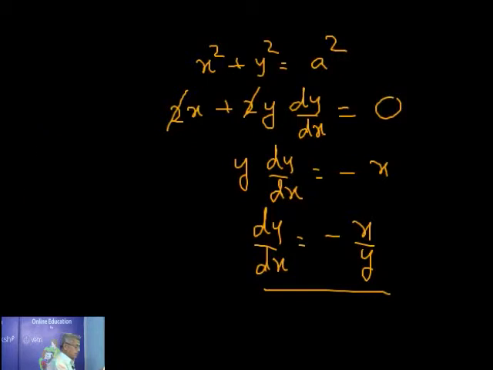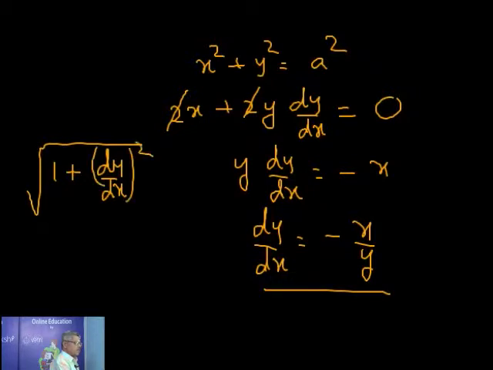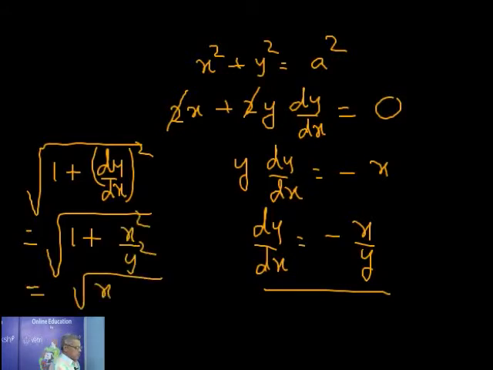We want the simplification of 1 plus (dy by dx) whole square because it is involved in the formula. So let us find root of 1 plus (dy by dx) whole square, that is 1 plus x square by y square. Squaring a negative quantity, we get a positive quantity, x square by y square. Taking LCM, you get root of x square plus y square by root of y square. X square plus y square is a square.